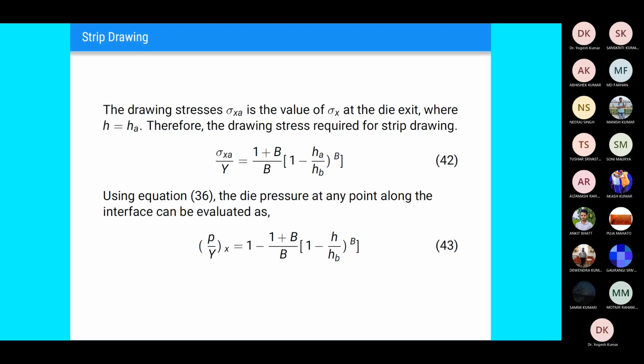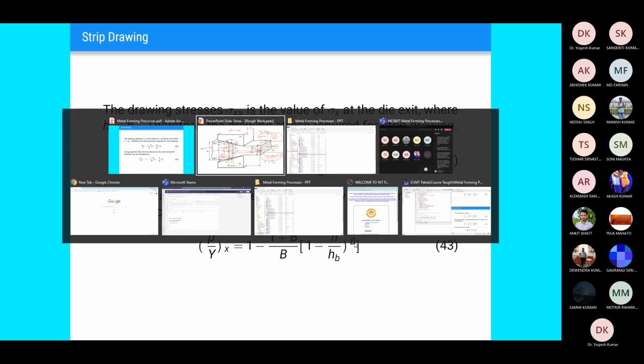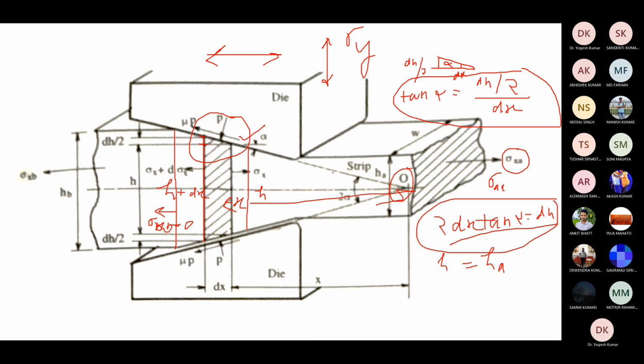Through this mathematical expression, you can calculate the die pressure at any point you are interested in, in this example of plastic deformation, that is, strip drawing.